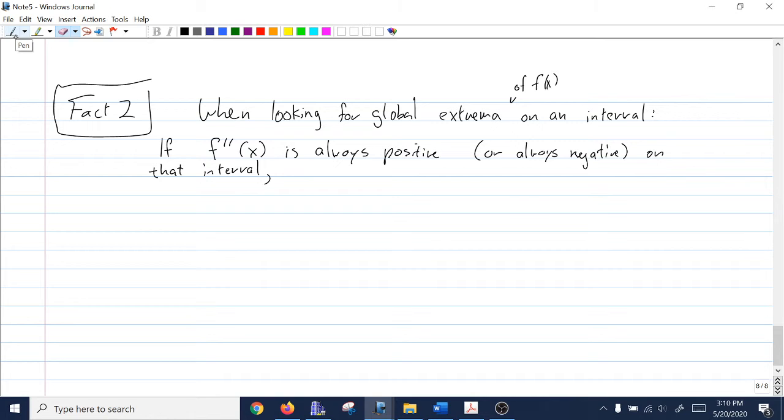So suppose something is always positive on that interval, or always negative, then there's at most one critical point in that interval.